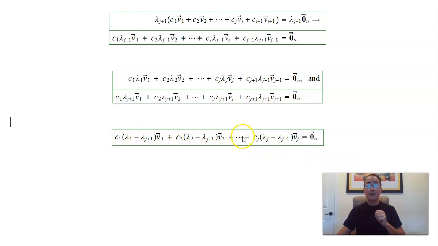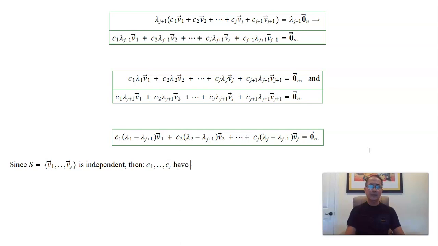We have a test equation involving only v1 through vj. Since our set of vectors v1 through vj is independent, we can now conclude that c1 through cj, all of those coefficients have to be, oh wait a minute, not too fast.